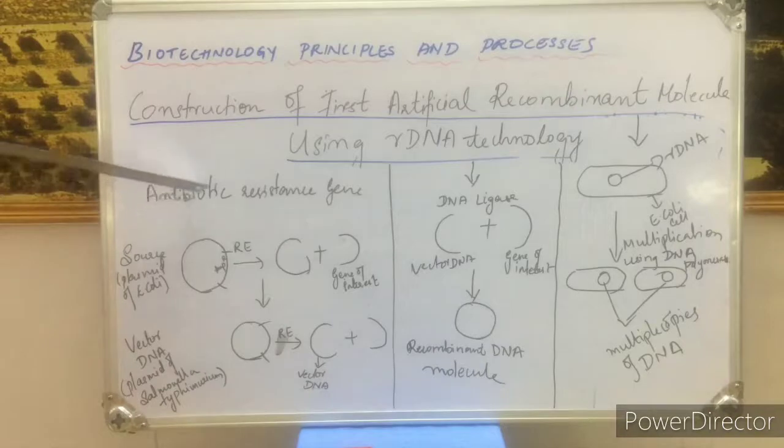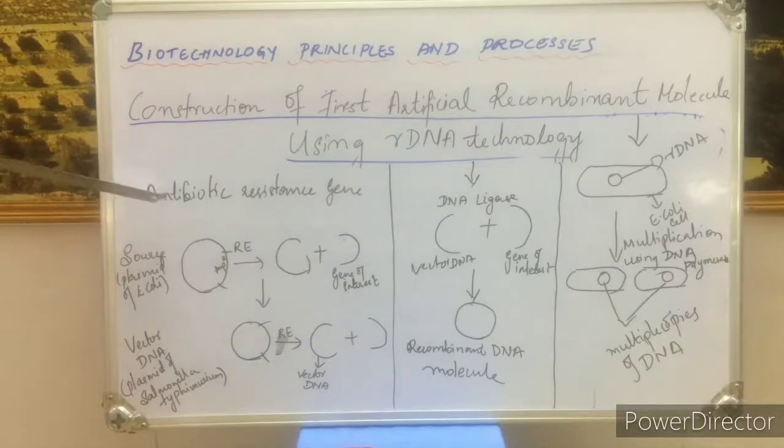Now the antibiotic resistance gene is isolated from a plasmid, because we have heard that plasmids contain the genes encoding phenotypic characters, and one such character is antibiotic resistance. That is, the gene produces a property of resistance to antibiotics such as ampicillin and tetracycline.